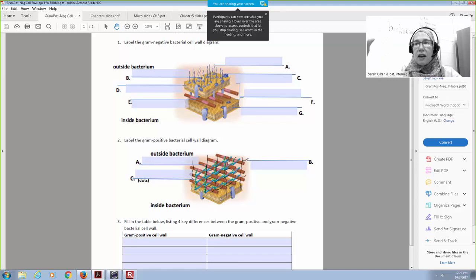Cell walls let everything of various size, charge, whatever, through all those multiple layers that you see here. But then they get stuck at the cell membrane, and that's what determines what actually gets into the bacteria.